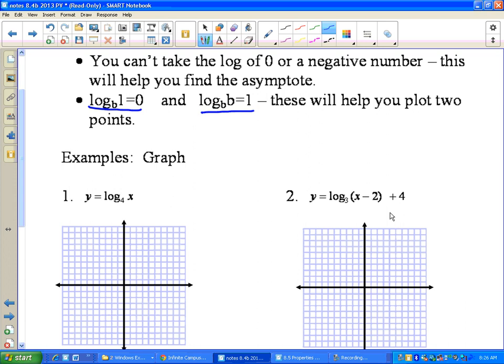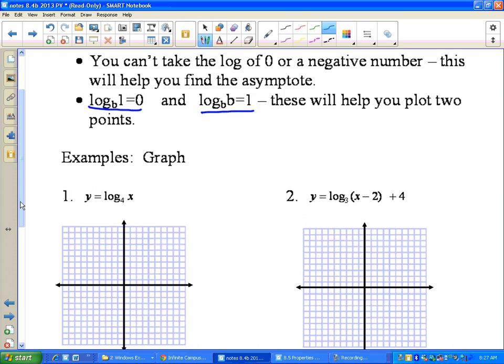It's going to be my h. In here, do I have an h? I do. What is it? It's 0. If nothing's written there, it's minus 0, right? So it's 0.